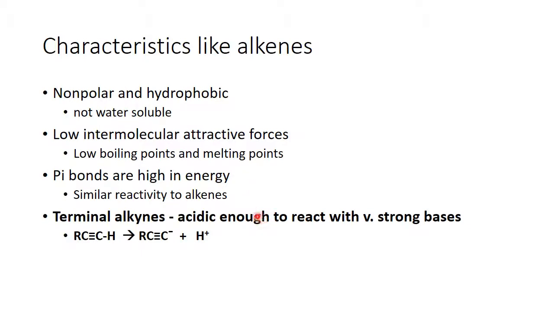One thing that is very different between the alkynes and the alkenes is that terminal alkynes, that means an alkyne at the end of a chain, have a hydrogen attached that is somewhat acidic. It is acidic enough that you can get very strong bases to deprotonate it. We'll go into the bases required for deprotonation later on.